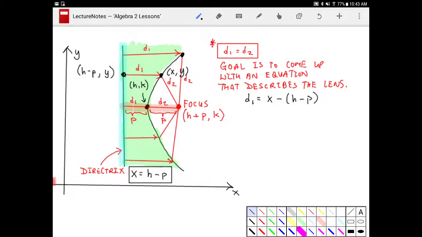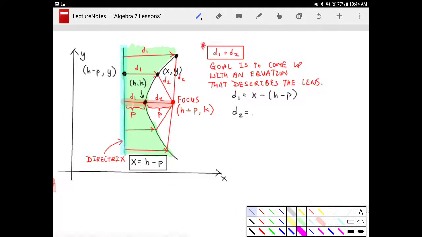I want to apply the same concept to finding d2. d2 is a little different because it does not necessarily have to be a horizontal line. It could be a slanted line, in which case I need to use the distance formula.